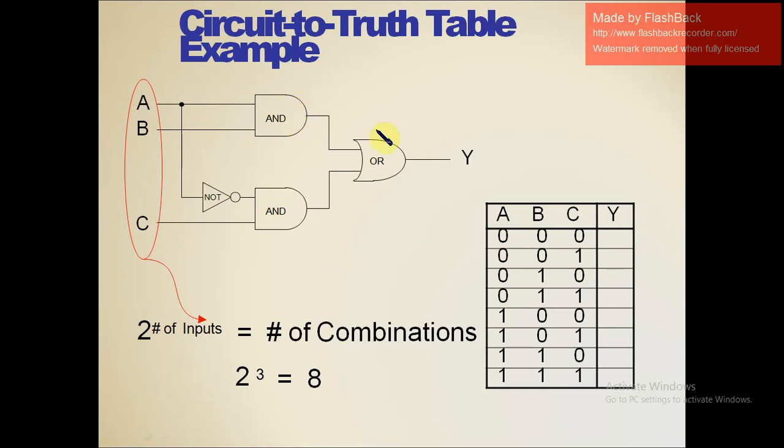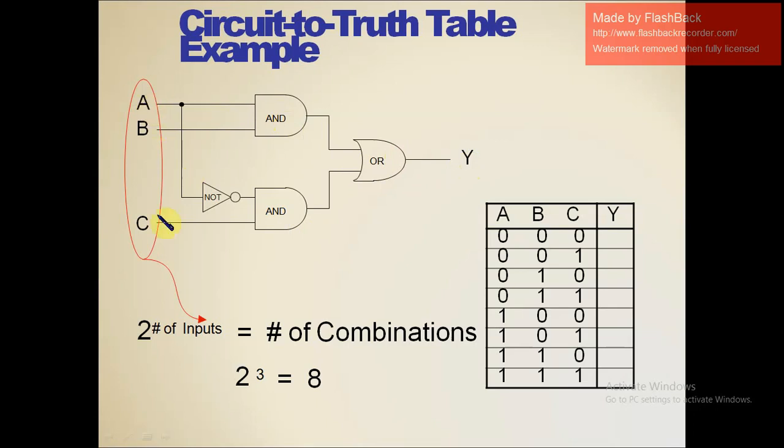Take one circuit with three inputs A, B, C. Here we take a truth table and Y is the output. A and B are the input for the AND gate, and A is connected to the NOT gate, whose output is the input for another AND gate, and C is also given to that AND. The outputs of the first AND and second AND are given to the OR gate, and we get the output.